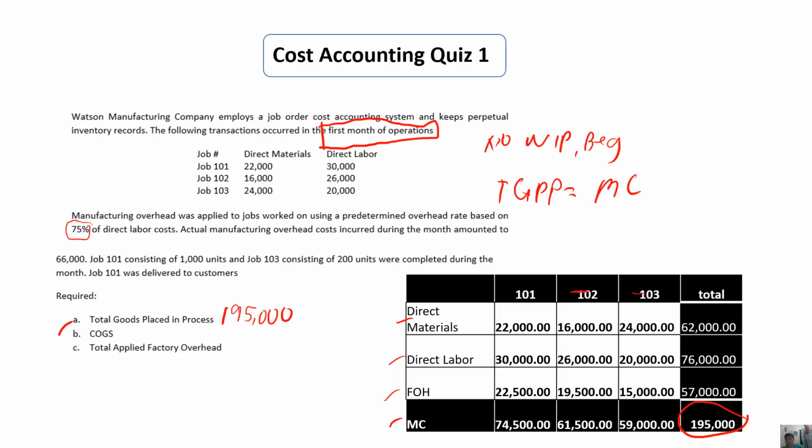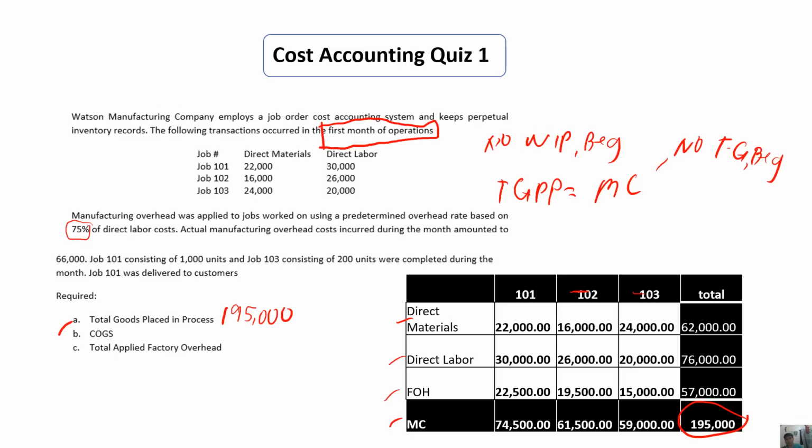How about the cost of goods sold? So dahil nga first month of operation to, wala rin tayong finished goods beginning, di ba? So dahil walang beginning, ibig sabihin kung ano yung na-deliver natin sa customer, yun lang yung magiging part ng cost of goods manufactured, ayun lang po yung magiging composition ng ating total goods available for sale.